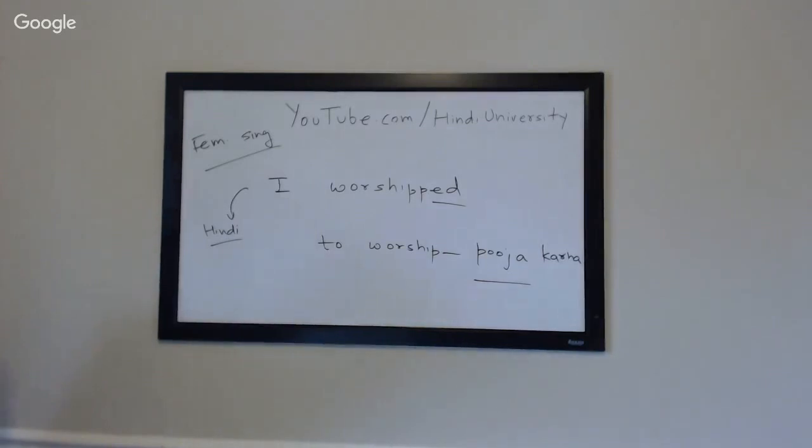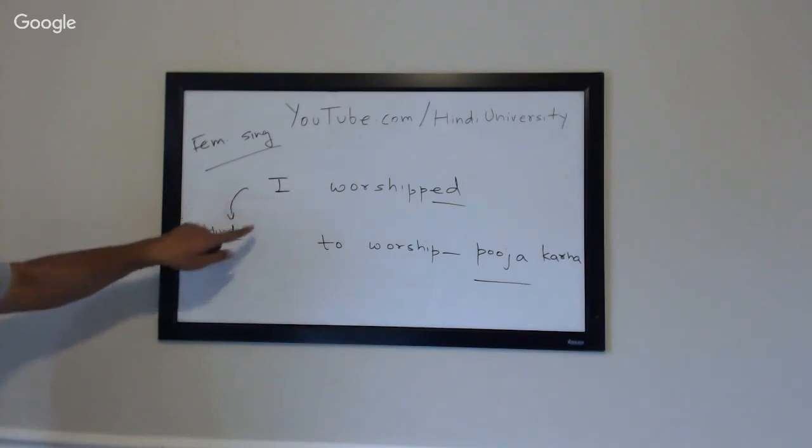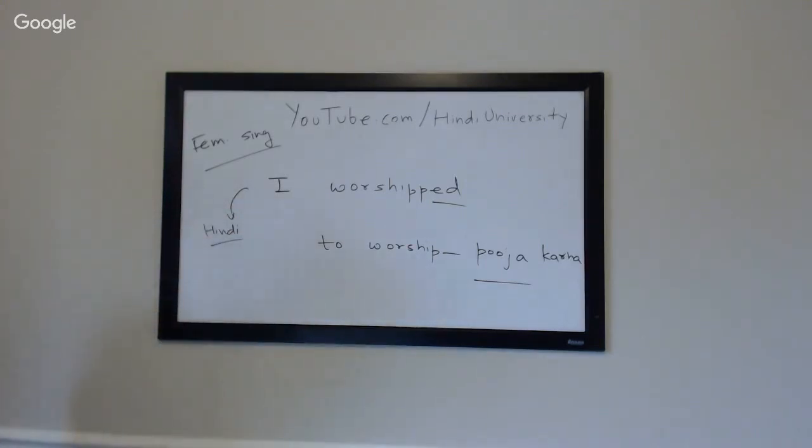And I'm pretty positive a lot of you already have a friend whose name is Pooja, right? So you can relate with that. You can tell them that I know the meaning of your name is to worship. So basically, your task is to translate the sentence that I worshipped in Hindi. Very good, right?